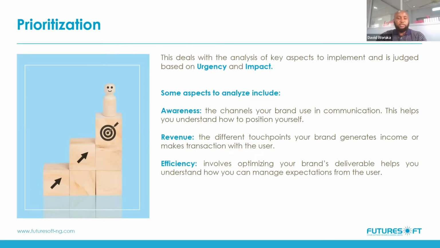So the next thing is looking at the product holistically. What are the key things you have to put in place for that product or design you're trying to create that are very valuable, that without these things, this product will not be functional, this product will not be effective, and the things where, if they are scrapped, the product will still be functional, still be effective, it will still work.